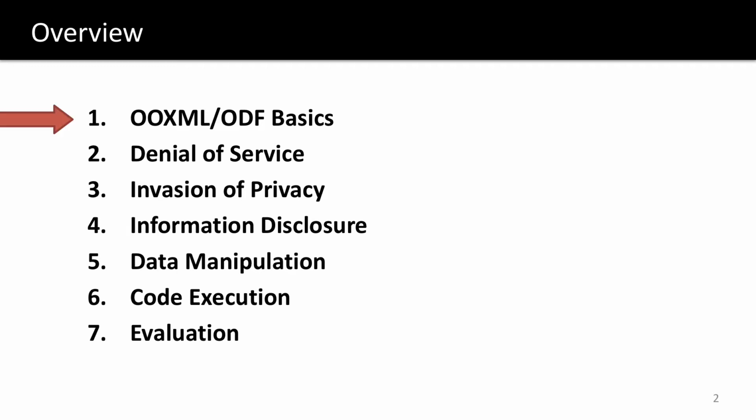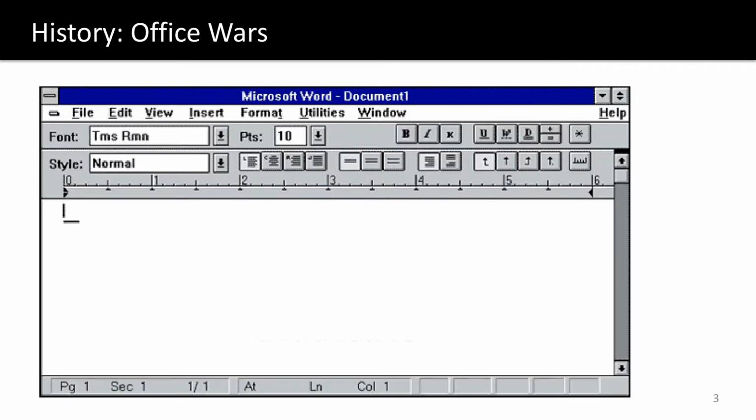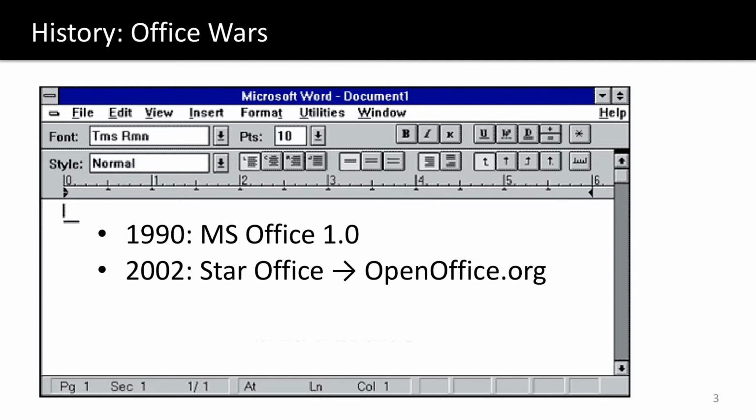Okay, let me start with some technical backgrounds on OOXML and ODF. Let's have a quick history lesson on Office Wars. In 1990, the very first version of Microsoft Office was born, which back then used a proprietary data format. In the early 2000s, OpenOffice.org was released as open source, which back then was based on StarOffice.